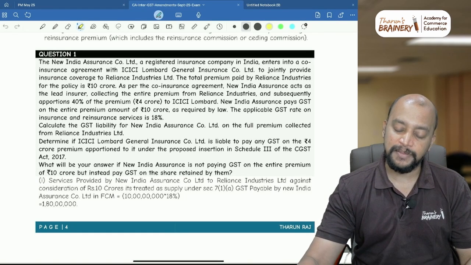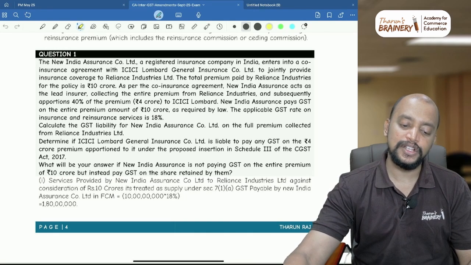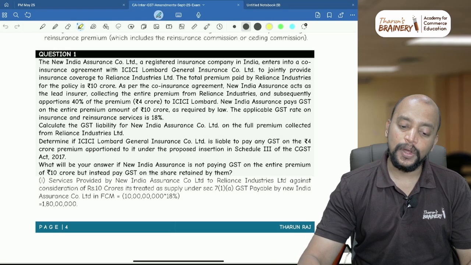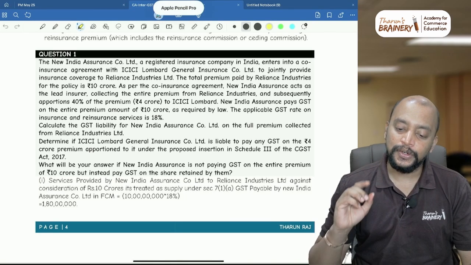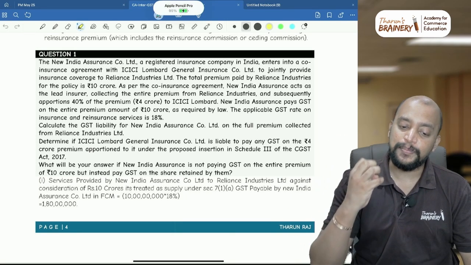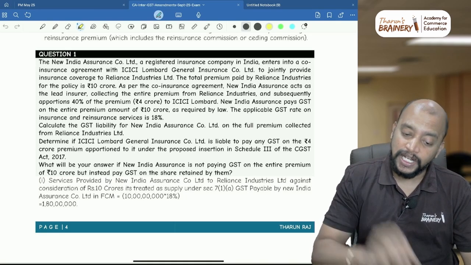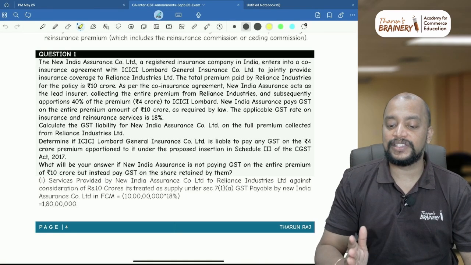The total premium paid by Reliance Industries for the policy is rupees 10 crore. As per the co-insurance agreement, New India Assurance acts as the lead insurer, collecting the entire premium from Reliance Industries and subsequently apportions 40% of the premium to ICICI Lombard.